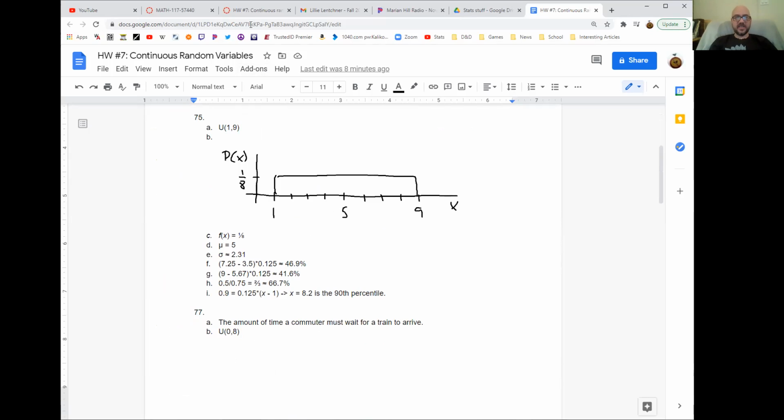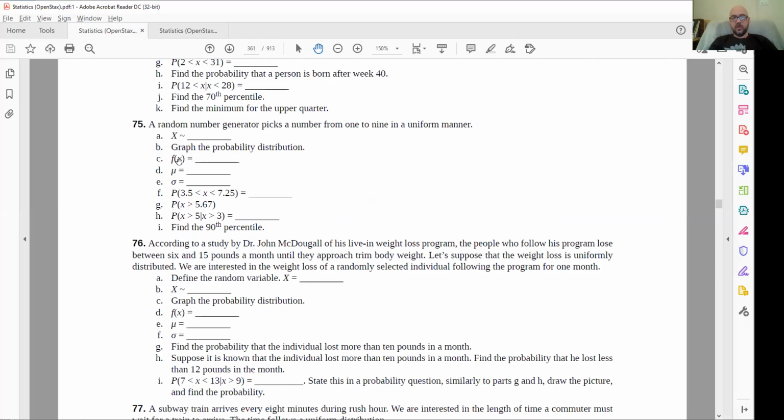When they ask about f of x in part C, what they're asking for is what is the function defined as for the height, which is kind of a weird way of saying this, but it is how we think of this in algebra. It's 1/8, so it's 1/8 high.